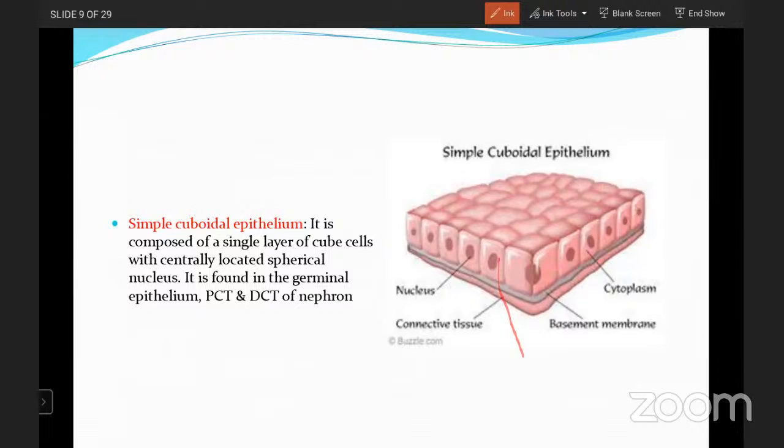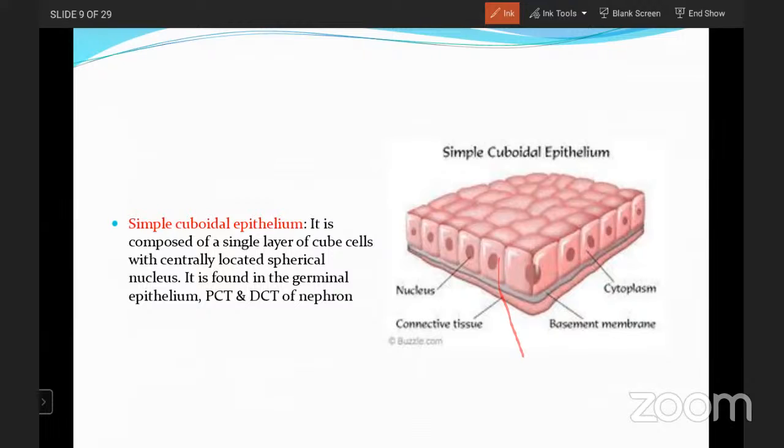It is found in the germinal epithelium and the PCT and DCT of the nephron. Actually, a nephron consists of the Bowman's capsule, PCT, loop of Henle, DCT, and collecting tubules. Especially in the PCT and DCT of the nephron, it has the simple cuboidal epithelium, meaning the cells are cube-shaped, which are useful for the absorption or exchange of materials.